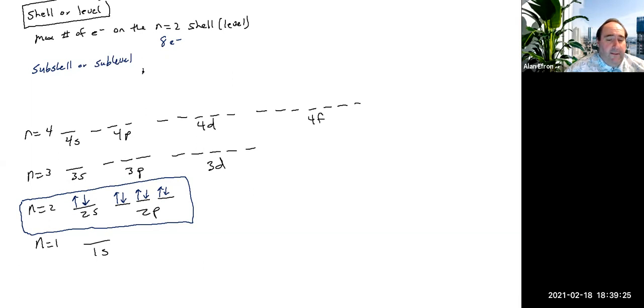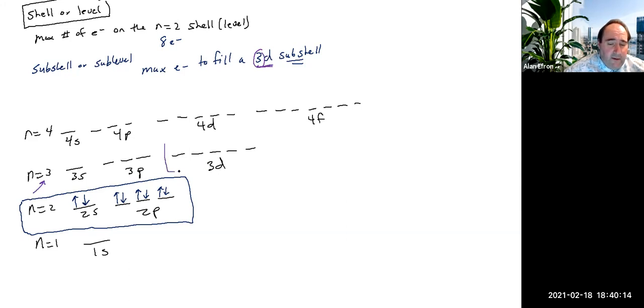So why don't you tell me, or think about, how many max electrons fill a 3d subshell? Take a second, think about what you think it is. The first number here is 3, which means we're talking over here, and we're talking about the d subshell.